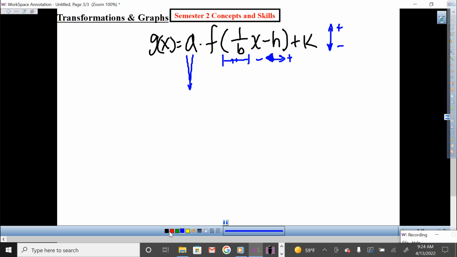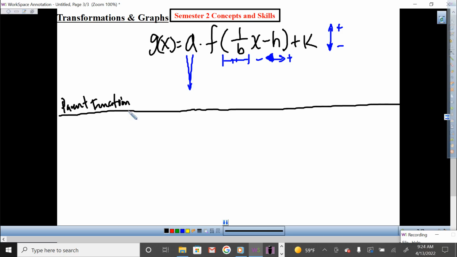So, with that said, let's make a table. Let's start with the first column and call it parent function. All right, so who can give me the name of the first parent function that we covered for the school year? Tell your neighbor first.